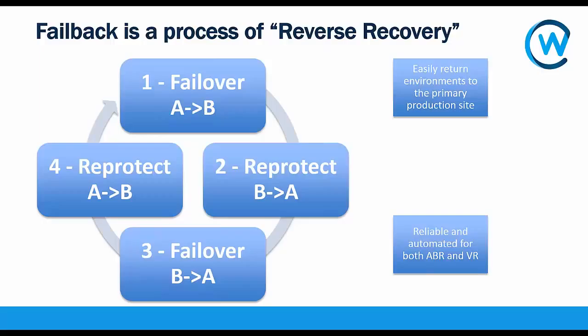If you're using storage replication, the replication is just going to be reversed, so it's going to go from A to B, then B to A, and so on and so forth. It's that flexibility of minimizing the window where the business is unprotected from a disaster recovery point of view. To sum up, it's not a one-time process, so you can fail over and back as frequently or as little as you want.